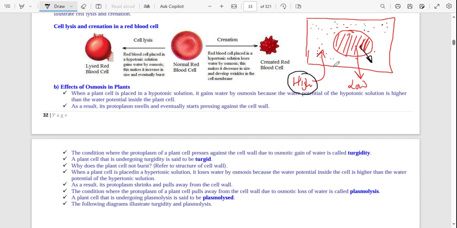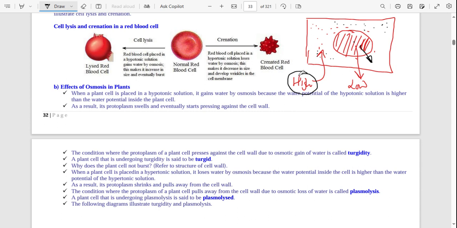Always for hypertonic solutions, water will move out of the cell. And what will happen is that the cell becomes smaller. And this is the one you can see here. For plants, when a cell loses water, that is known as crenation. Take note of that. Crenation.